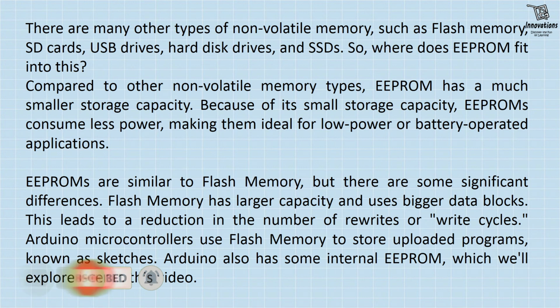EEPROMs are similar to flash memory, but there are some significant differences. Flash memory has larger capacity and uses bigger data blocks. This leads to a reduction in the number of rewrites, or write cycles. Arduino microcontrollers use flash memory to store uploaded programs known as sketches. And Arduino also has some internal EEPROM, which we will explore later in this video.